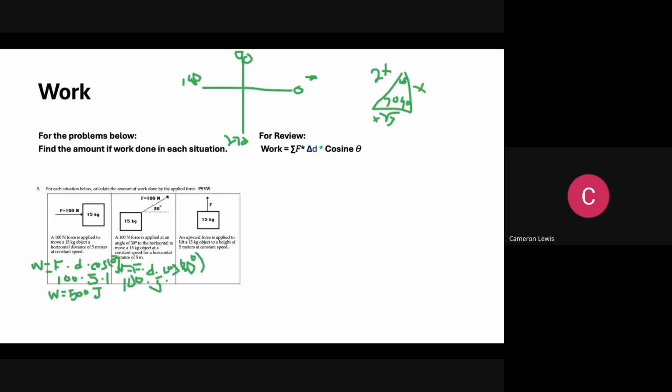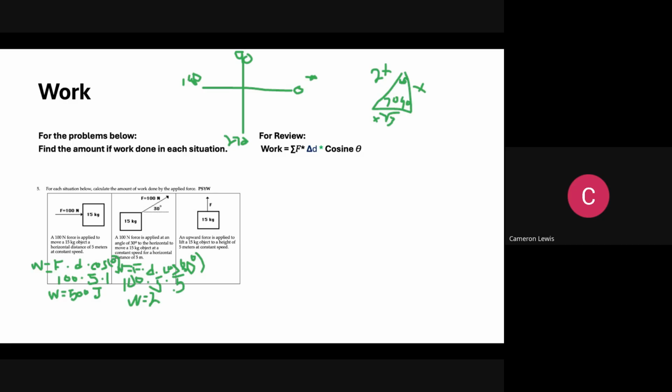If I know this is 100, then you could do force times the cosine of this. This would be half of that, so it'd be 0.5. So cosine 30 is 0.5. I do 100 times 5, which is 500, divided by 2, equal to 250.